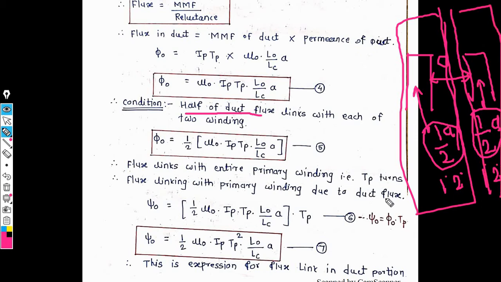Then phi 0 is equal to the half portion of the flux in the duct, that is 1 by 2 into mu 0 IP into TP into L0 upon LC into A.